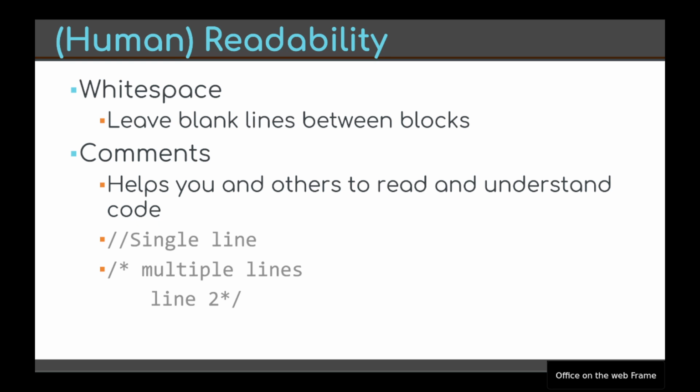There's also a multi-line comment, so slash asterisk, or star, the lovely shift of 8. You put a slash and a star, and everything will be ignored by the interpreter until it sees another star, then slash.